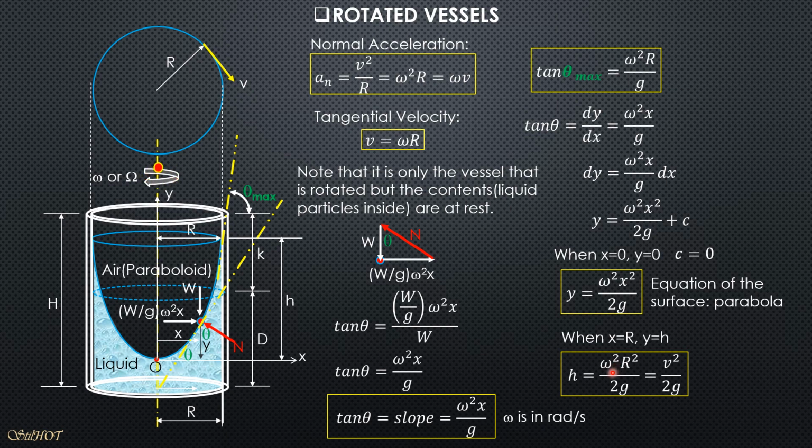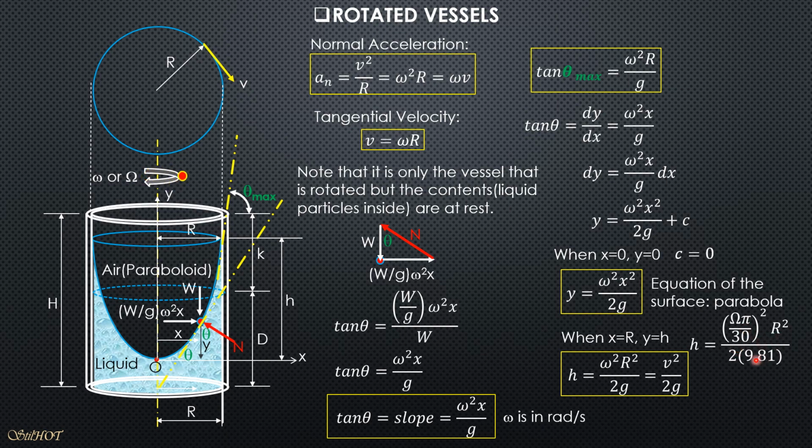So we replace the angular speed in radians per second with omega in revolutions per minute by multiplying by pi over 30 as a factor to make that radians per second.